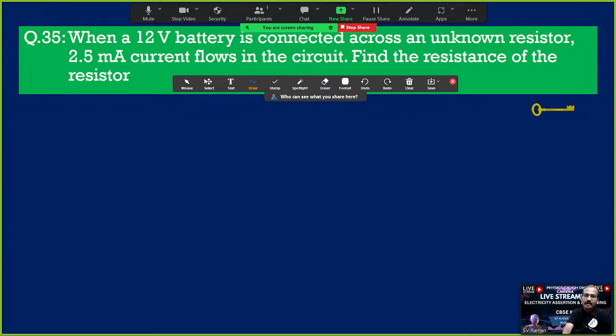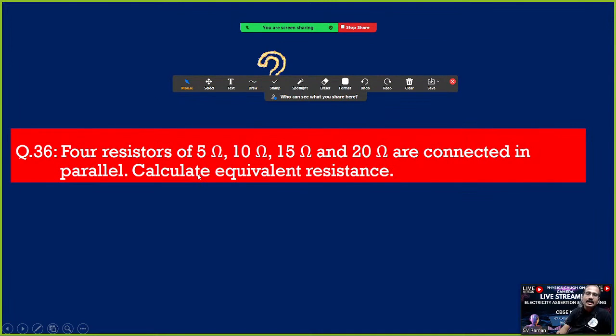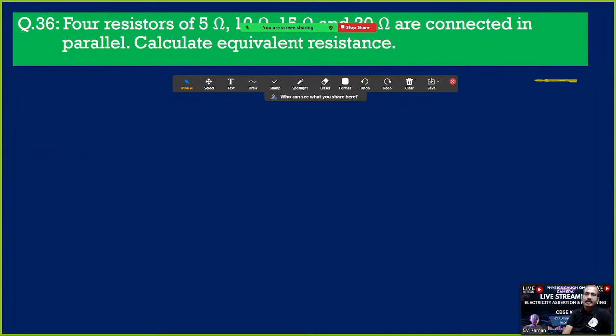Next question, how CBSE asked it. Four resistors of 5 ohms, 10 ohms, 15 ohms and 20 ohms are connected in parallel. Calculate the equivalent resistance.